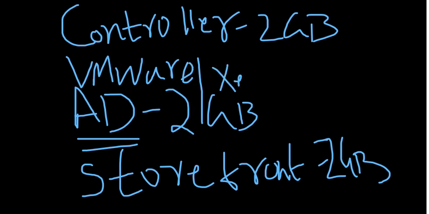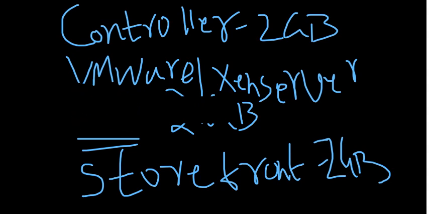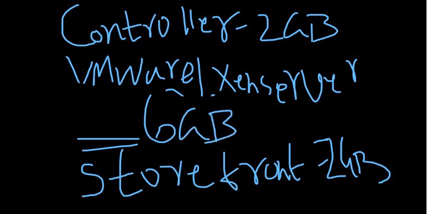You need to install an ESXi server or Zen server, and configuring at least 6 GB of RAM would really help. Minimum 6 GB of RAM can really help to run the setup. So I'll give 6 GB RAM at least.